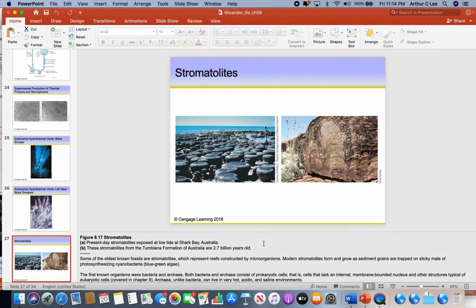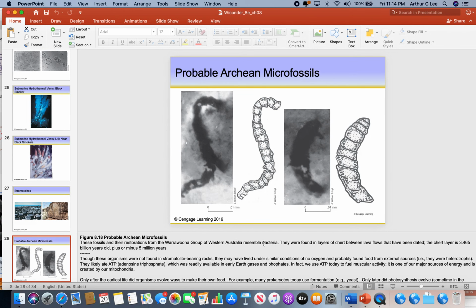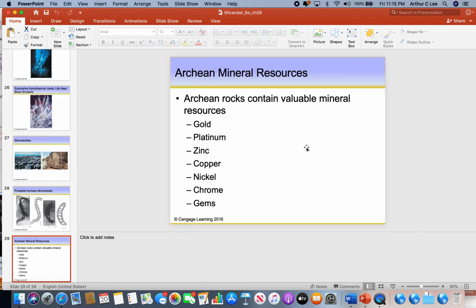What else do we have? We have pillow basalts. We have greenstone belts and stromatolites. Here's some tiny little Archean microfossils. And so we have life going back to 3.5 billion years ago.